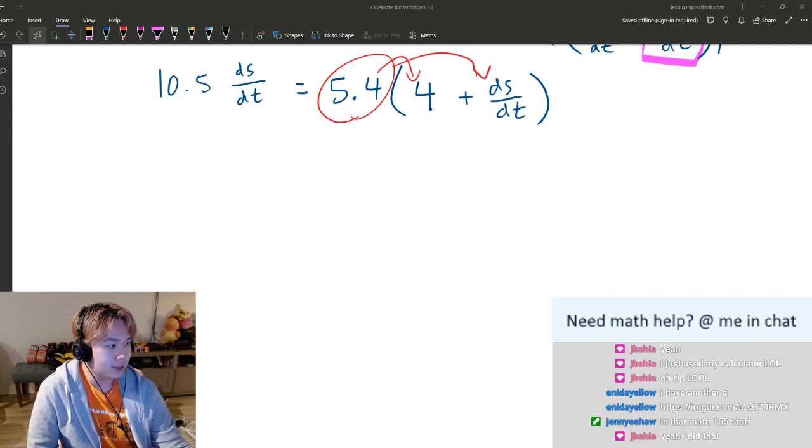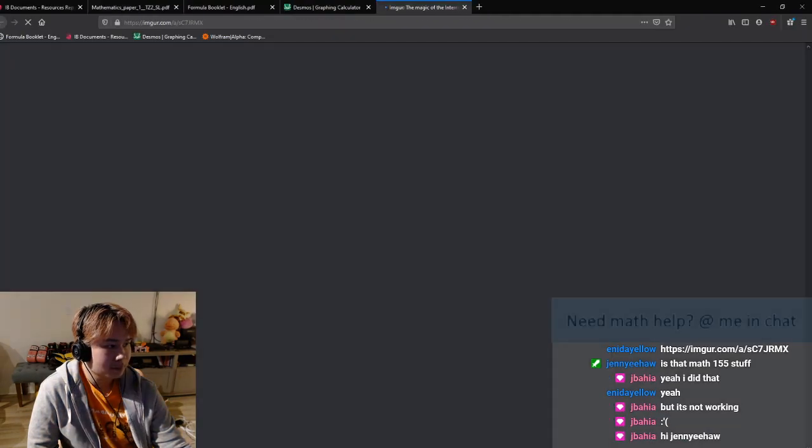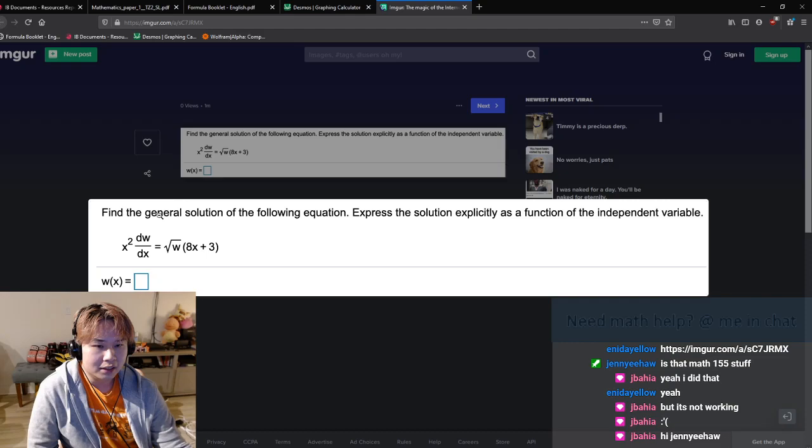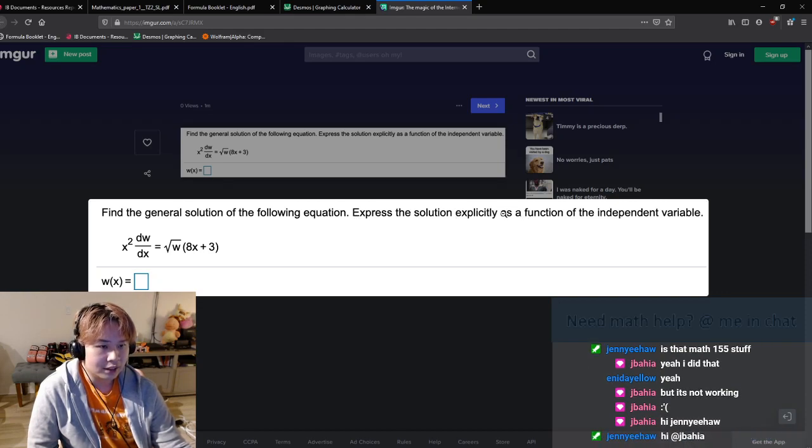Is that math 155 stuff? But it's not working? Find the general solution to this. Express the solution explicitly as a function of the independent variable.